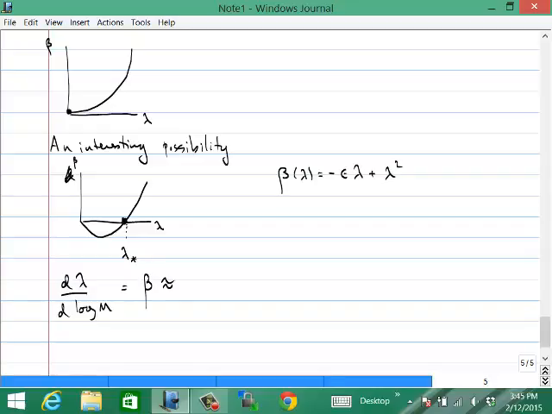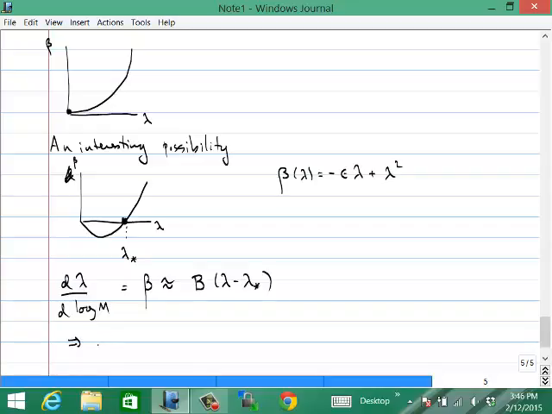And near the point lambda star, that's just going to be some coefficient times lambda minus lambda star, just because it's going to be linear. Let's call that coefficient b. Then you can go ahead and solve that equation.